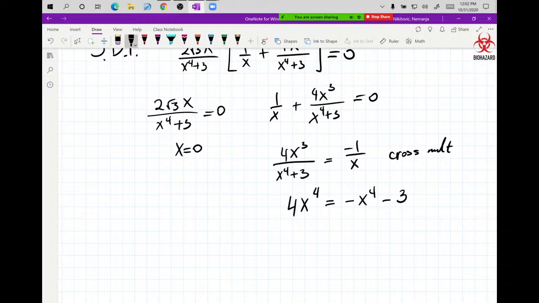So when this x goes to the other side, it becomes 5x to the 4 equals -3. And that has no solution immediately because you have an even exponent equaling a negative number. So there is no inflection point.